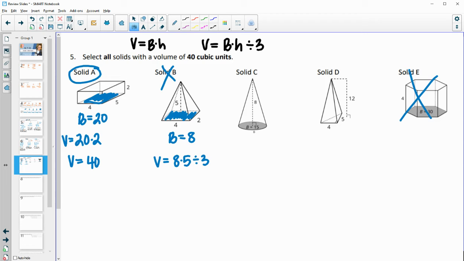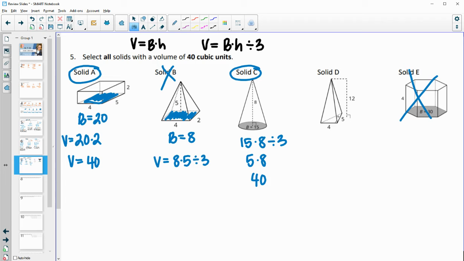Next one gives us the base area is 15. Then we're going to take that times 8 and divide by 3. I can do the 15 divided by 3, which then would be 5 times 8, which is 40. So solid C has a volume of 40.